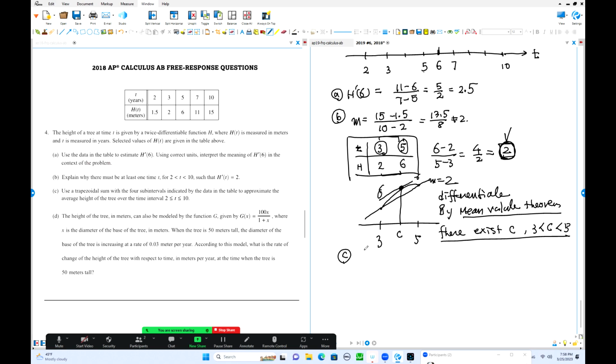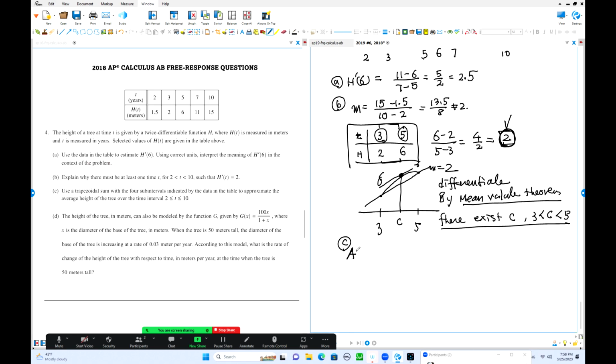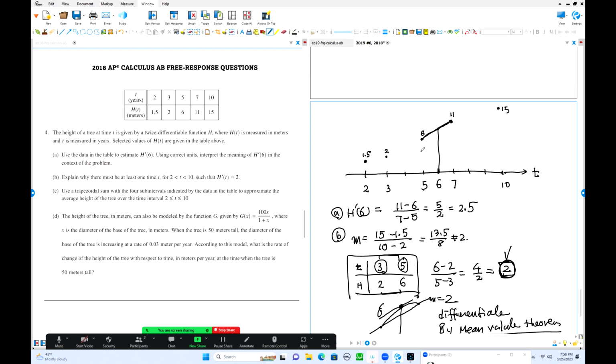This is not the average rate, it's the average value of H of T. The average value of H(T) between 2 and 10 is 1 over 10 minus 2 times the area under H of T. Now this is the definition of average value, okay? Now we're gonna find all this area under this height.